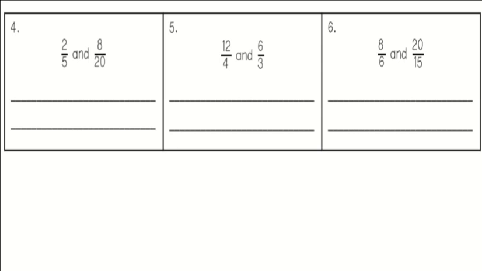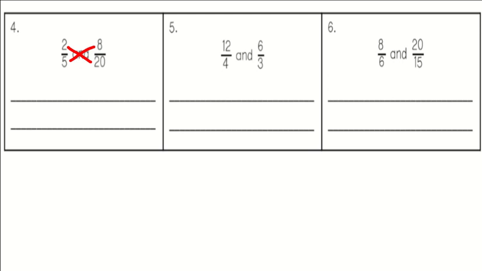There are two main ways you can see if ratios are equivalent. The first way is you can cross multiply. If they're set up like a fraction, you can cross multiply. So we're multiplying across like that.